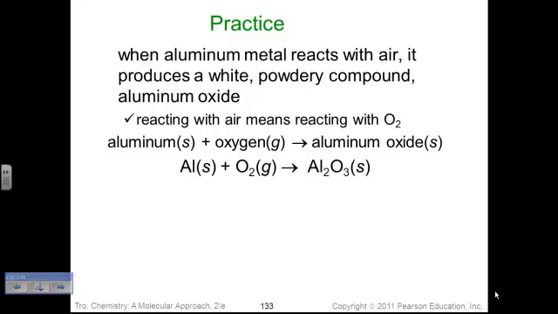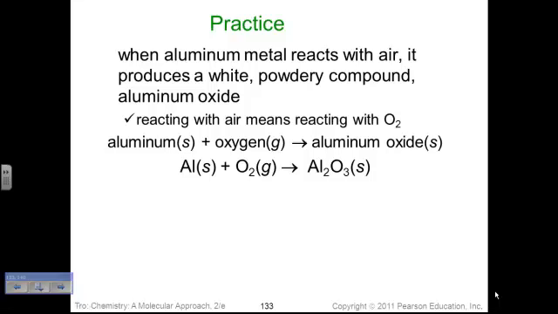Here's a practice. Aluminum metal, Al solid, reacts with air, and that's the oxygen gas, diatomic oxygen gas, produces a powdery compound of aluminum oxide. Now consider charges. Aluminum oxide is a binary ionic compound.